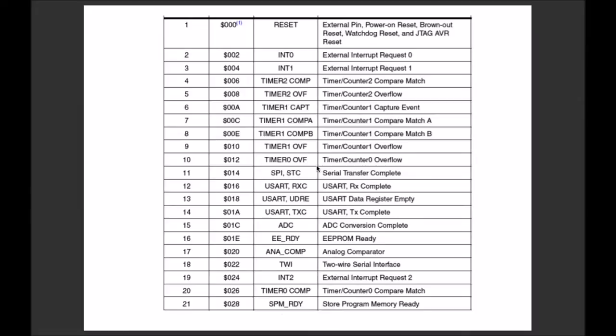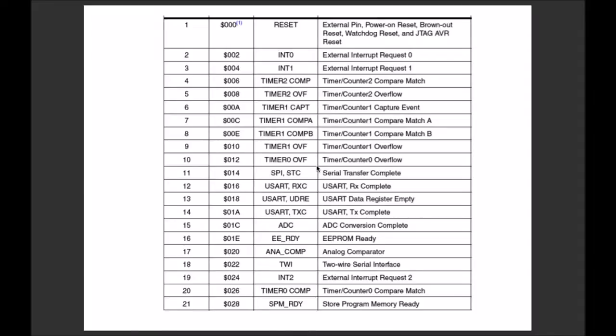Now inside the microcontroller we have a total of 21 different interrupts. Till now we have learned about external interrupt 0, external interrupt 1, external interrupt 2, timer 0 overflow interrupt, and timer 0 compare match interrupt.